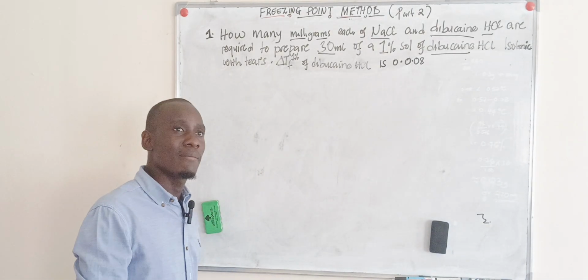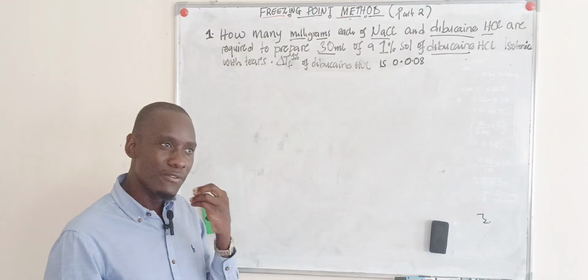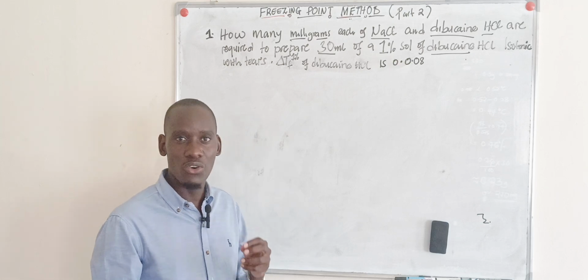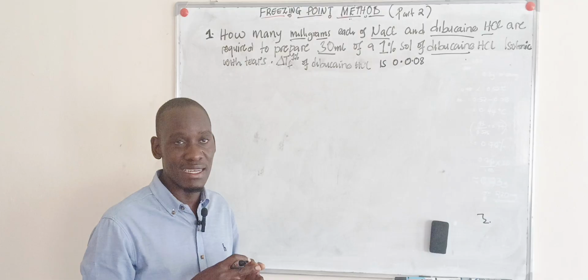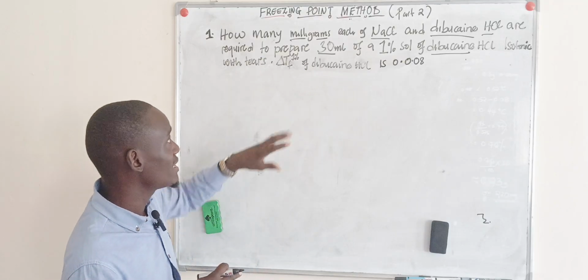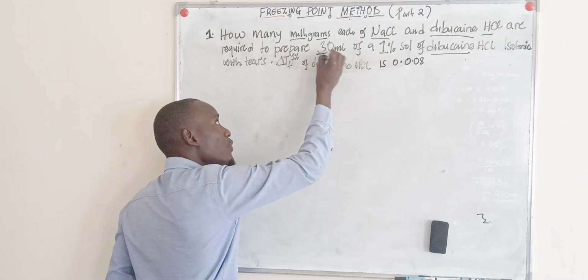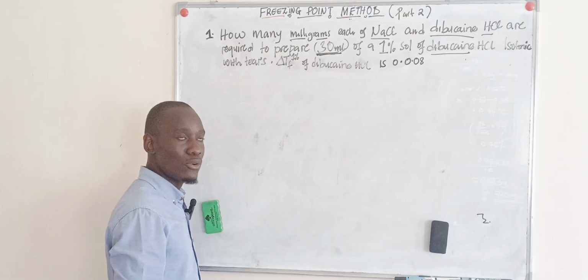Remember, we said that making solutions isotonic is very paramount as far as administration of intravenous infusions or injectables is concerned. So we want to see how we can make this solution isotonic. First of all, we are going to prepare a volume of 30 mils.